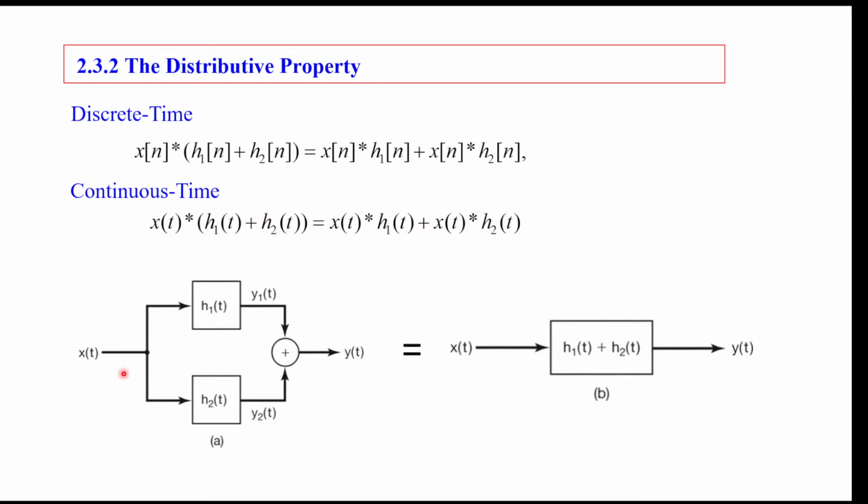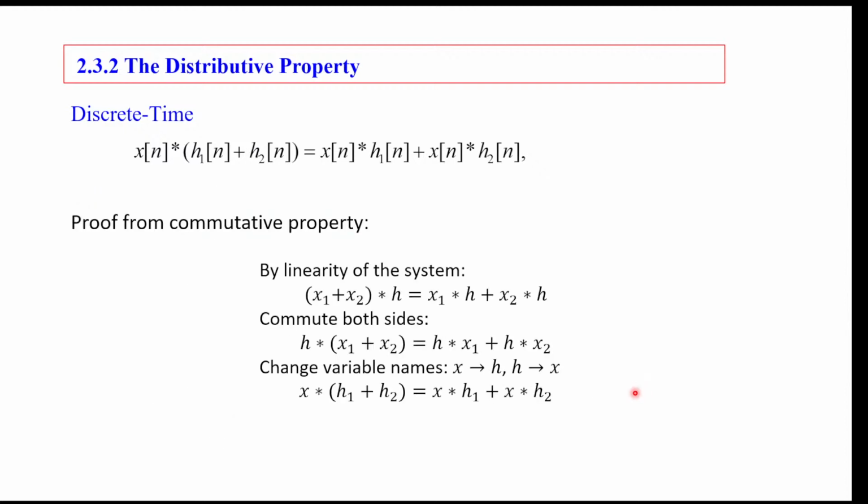So you have x of t as input to this system and to this system, get outputs y1 and y2, and add y1 and y2 together to get y of t. Then that's just the same as going through one LTI system described by h1 of t plus h2 of t. Okay, so that is the distributive property.